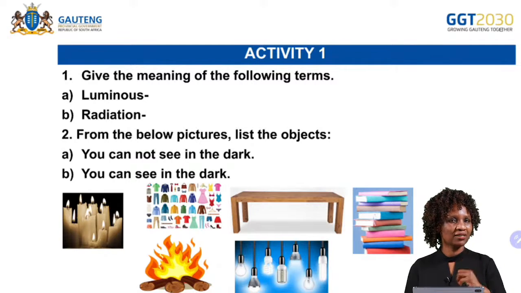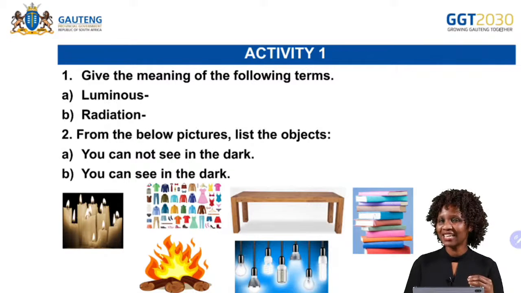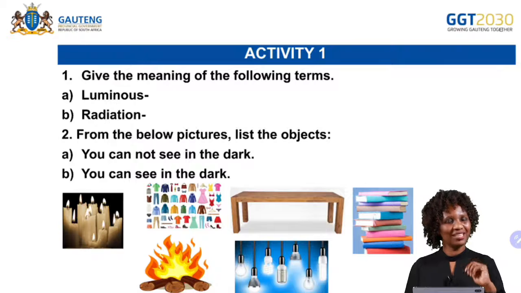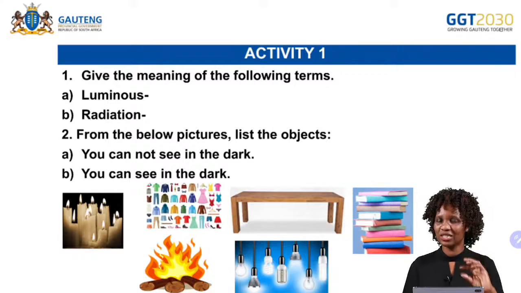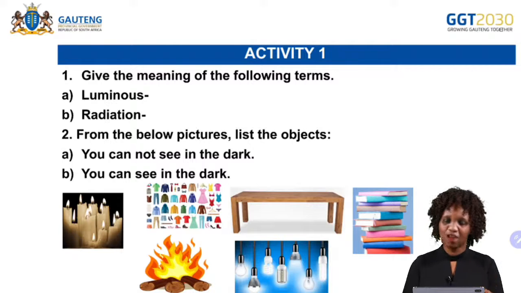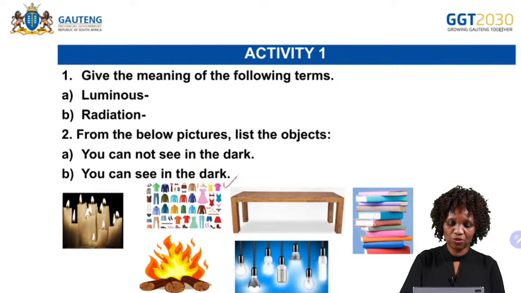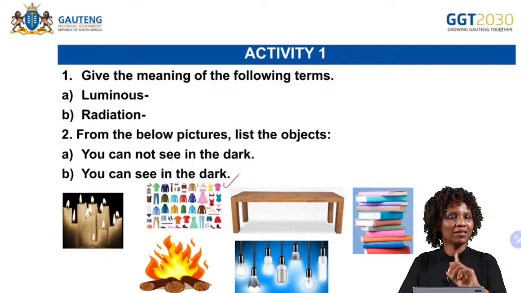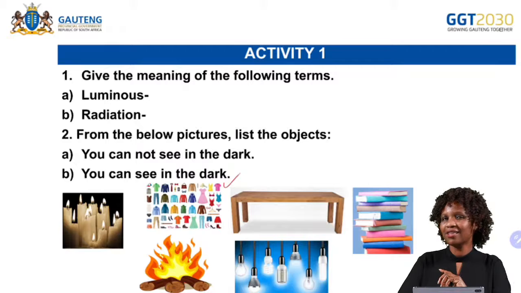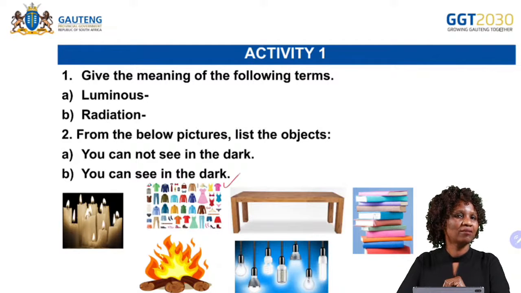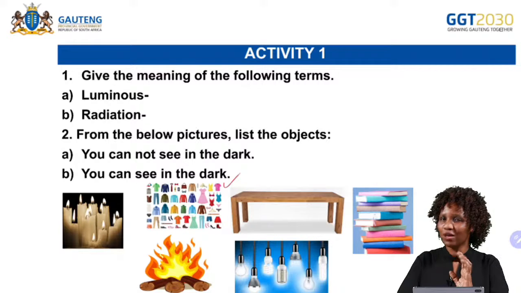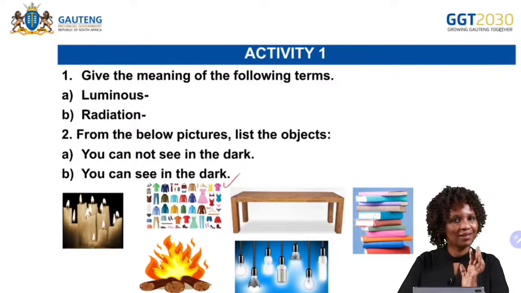Which pictures can you see in the dark? And which pictures can you not see in the dark? Let's start with those that you cannot see in the dark. For example, we've got your uniforms or your clothes. But remember, there are some clothes that you can see in the dark, for example, the reflectors that the bikers put on. Those you can see in the dark. All right? But our uniforms, we cannot see in the dark.